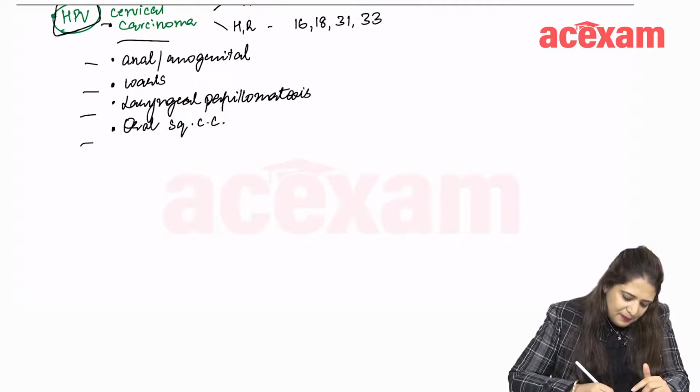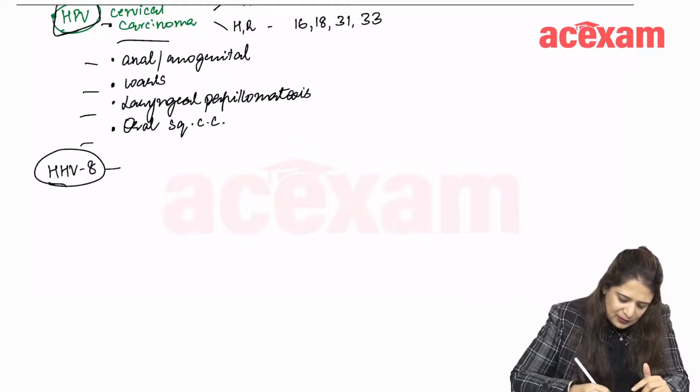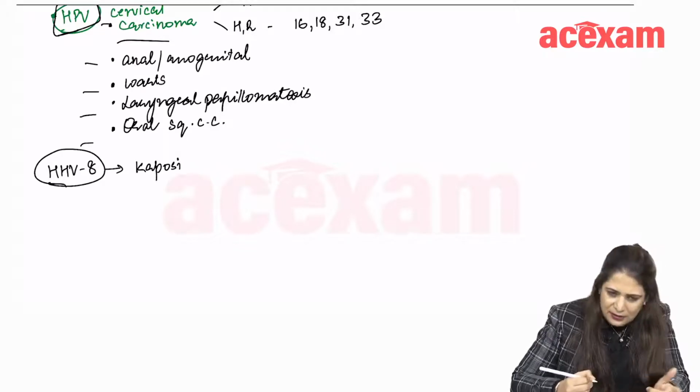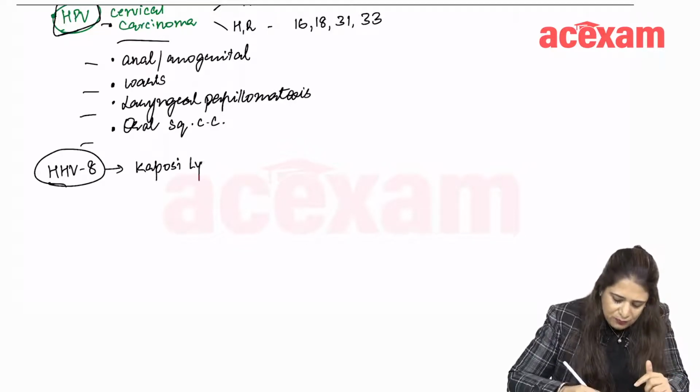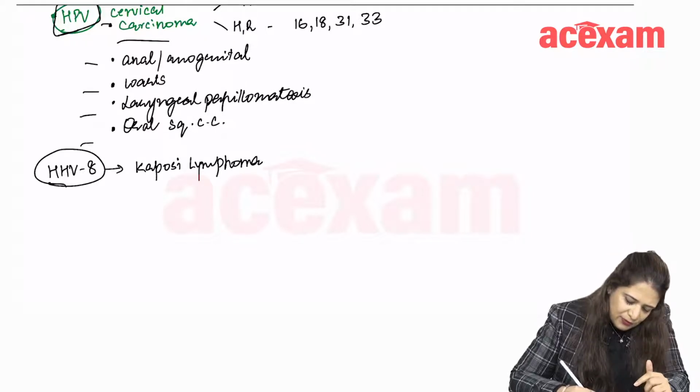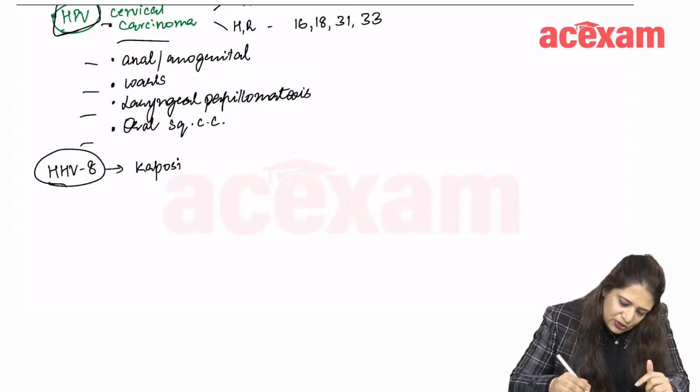Then HHV8. HHV8 is associated with Kaposi sarcoma and even primary effusion lymphomas. Kaposi sarcoma is actually the malignant lesion of the blood vessels.